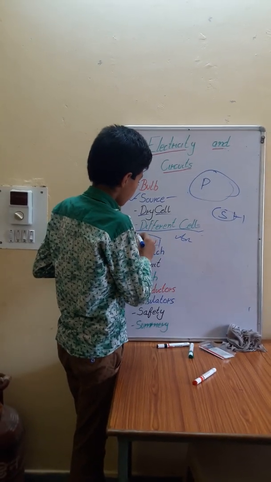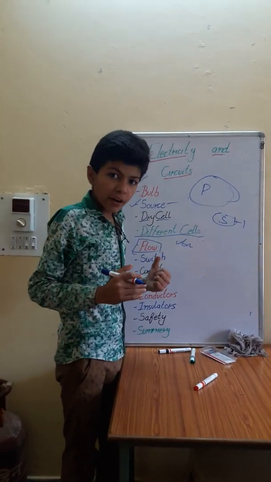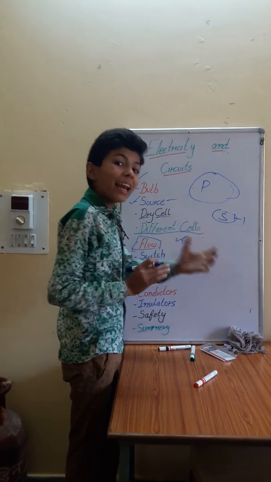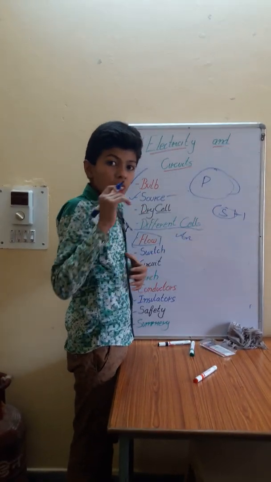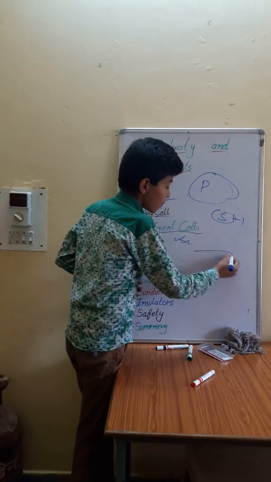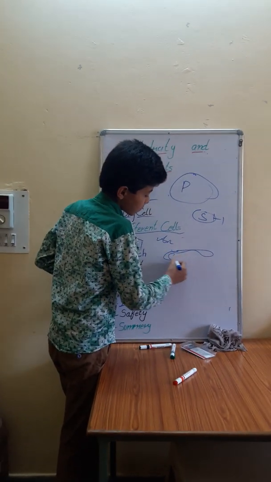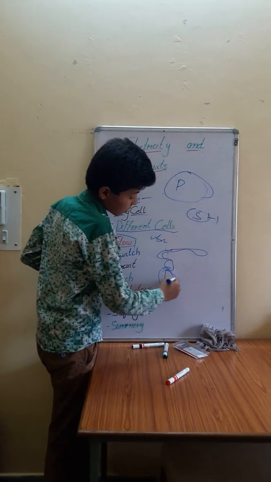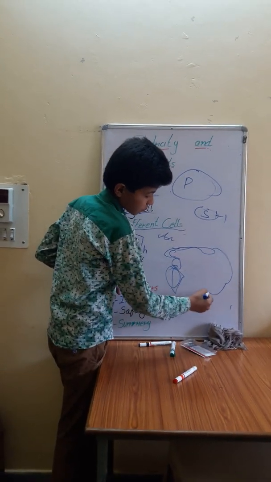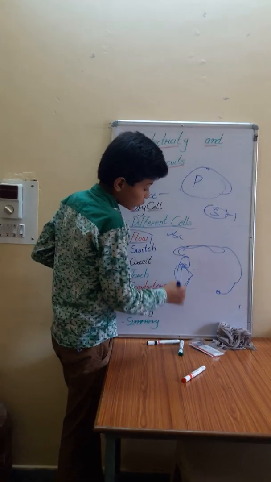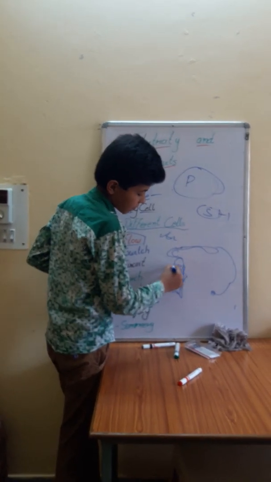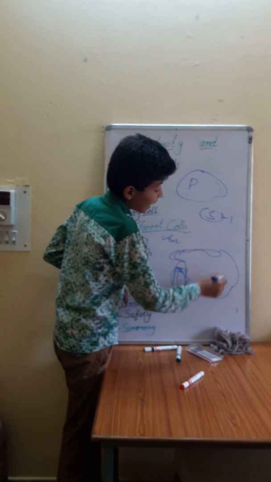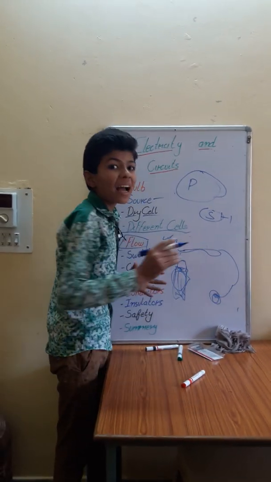Flow. What are the things required to make a flow of electricity? It needs a path through which electricity could pass, and it needs a dry cell here, and it needs some appliance.